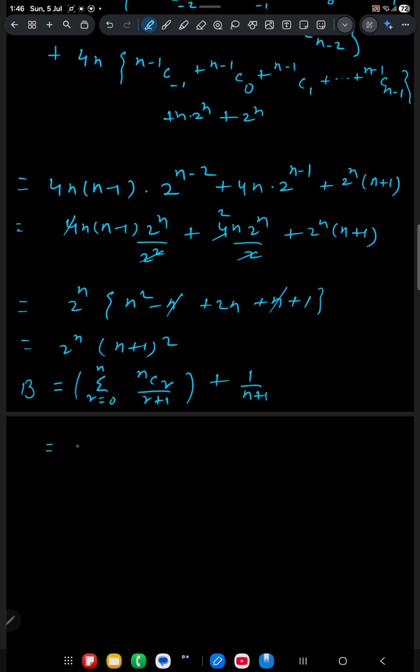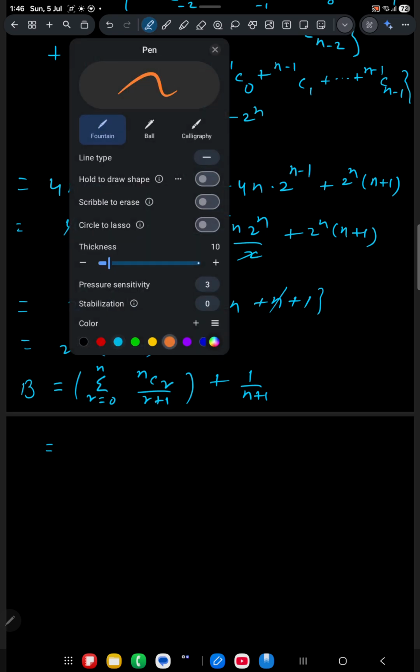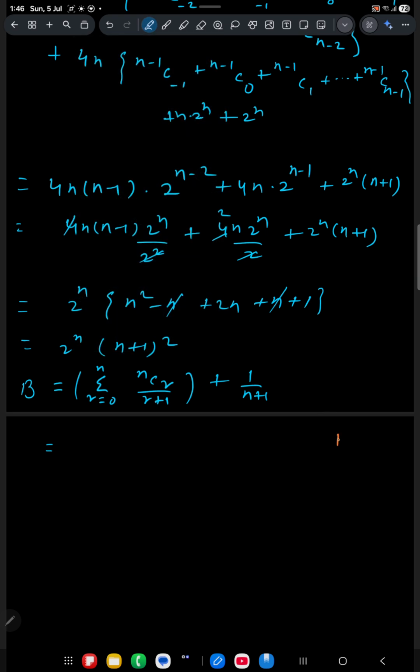So solve this also. Here also we will use the same formula, that n plus 1 C r plus 1 is equal to n plus 1 upon r plus 1 times nCr. So we have this one, nCr upon r plus 1, so the remaining term will become 1 upon n plus 1 into this one. So this will be replaced by 1 upon n plus 1 into n plus 1 C r plus 1.